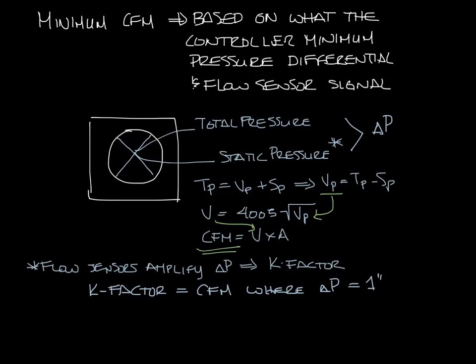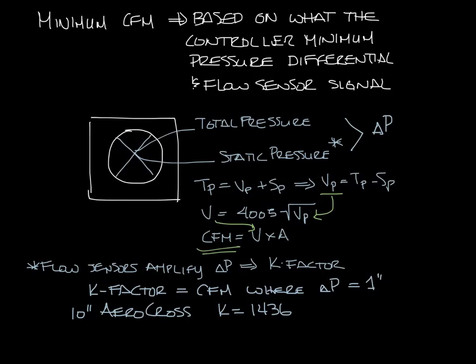So for a 10-inch Air Cross, the K factor is 1436, basically saying that at 1436 CFM, the pressure signal, delta P, across the flow sensor is 1 inch. That's a little more than I wanted to get into, but I needed to explain that to talk about the minimum pressure calculations I'm about to do.